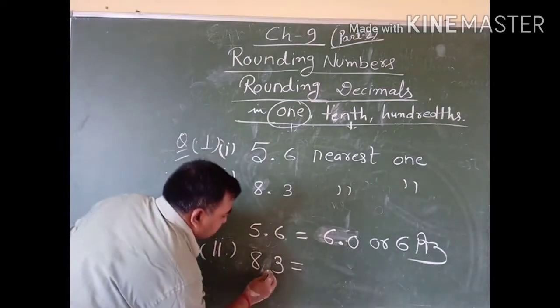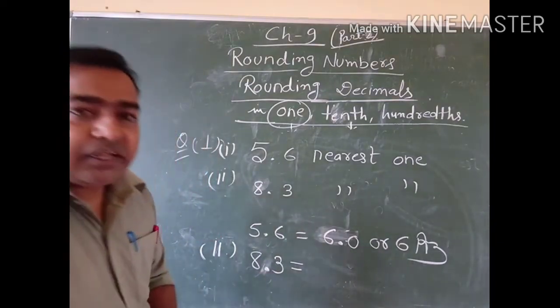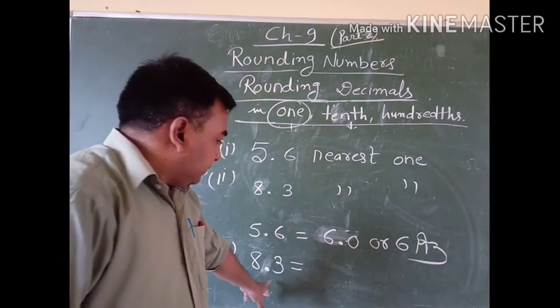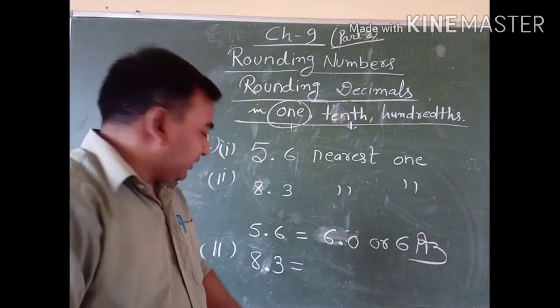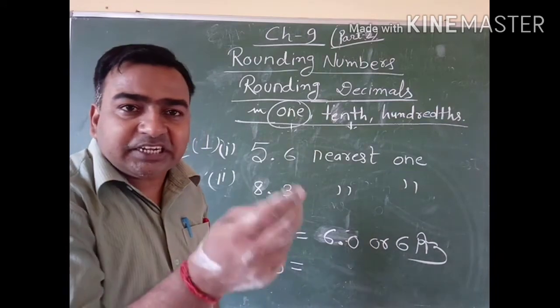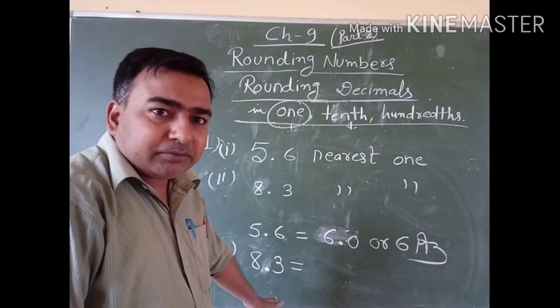So the same thing you can see in this 8.3: the decimal number is 0.3, it means less than 5. It is less than 5.